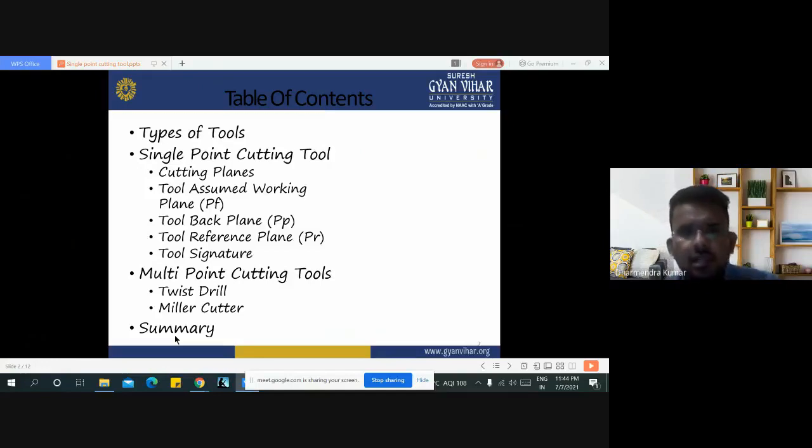In the single point cutting tool, we will see the cutting plane, tool assumptions, working plane, tool back plane, tool reference plane, and the tool signature. And in the second video, we will discuss multi-point cutting tools like twist drill and milling cutter. These two types of multi-point cutting tool we will discuss in another video.